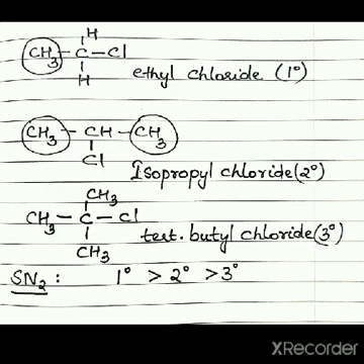The carbon carrying the chlorine atom has three methyl groups attached to it. So there is greater steric hindrance in the case of tertiary butyl chloride due to the presence of more number of alkyl groups. So tertiary butyl chloride will be least reactive towards SN2, whereas primary alkyl halide will be most reactive because the steric hindrance is very much less.